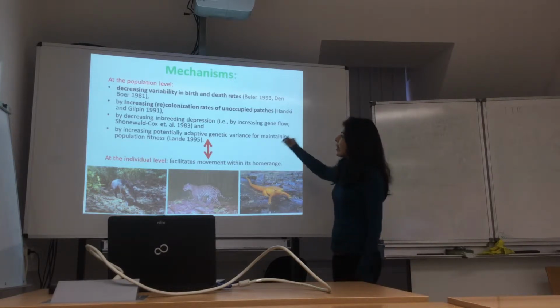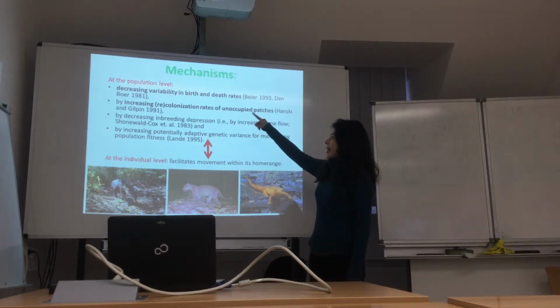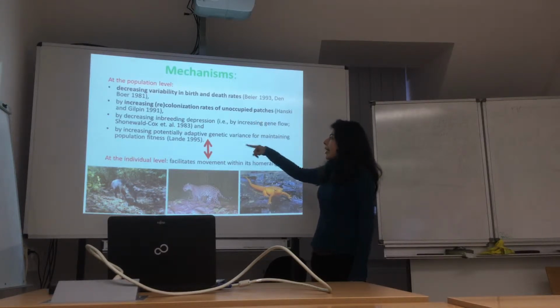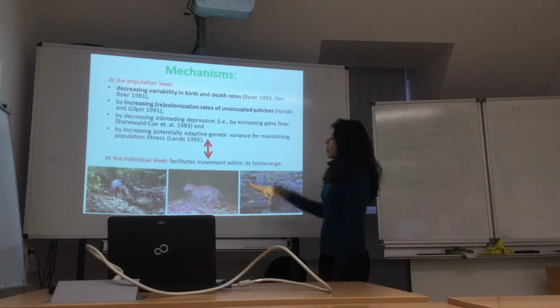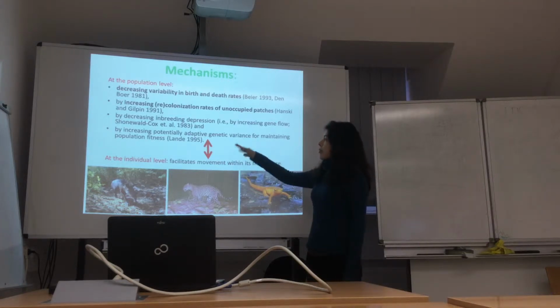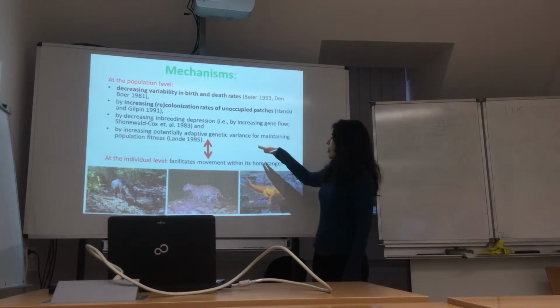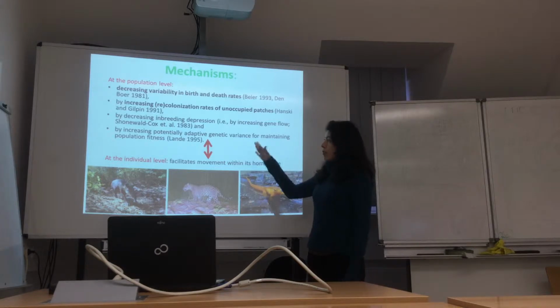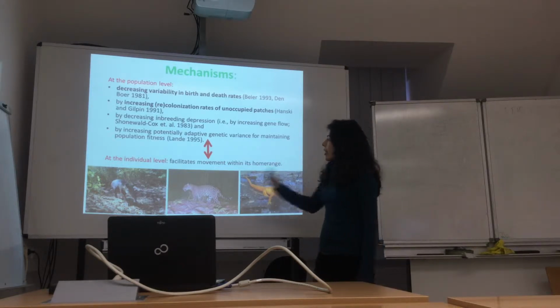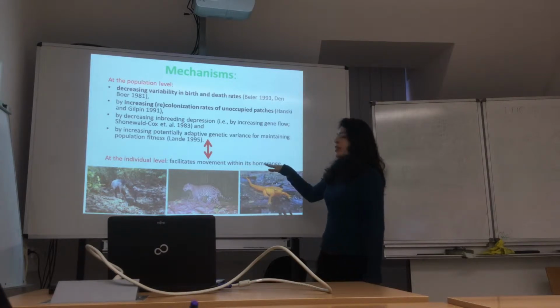At the population level: by decreasing variability in birth and death rates of population, by increasing colonization or recolonization rates of unoccupied or previously occupied patches, decreasing inbreeding depression, increasing potentially adaptive genetic variants for maintaining population fitness, and also at the individual level, by facilitating movement within its home range.